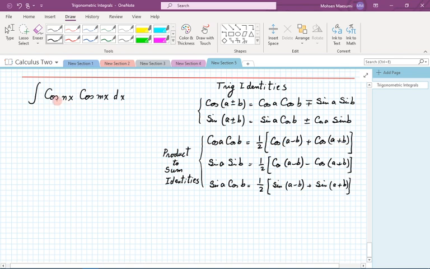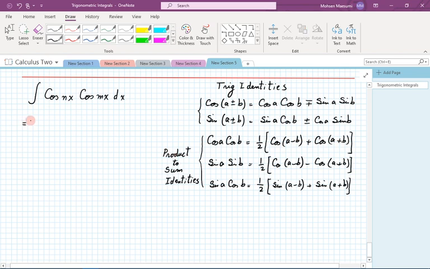So if I have a product of two cosines and I want to integrate this, one approach will be to apply this identity and then proceed. After you do this conversion, it's quite easy. Of course, there are other approaches available as well, but let's just go ahead and use this one.